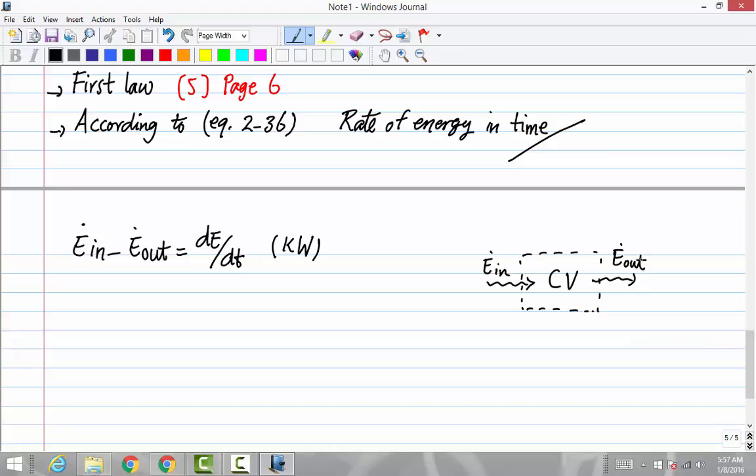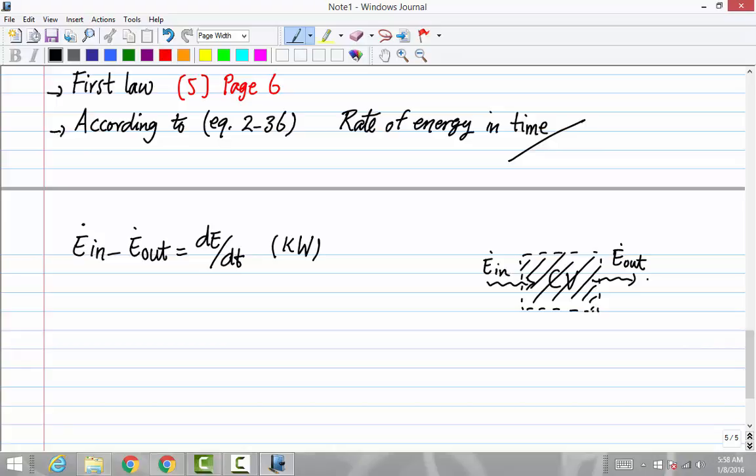The difference between the rate of energy coming in and going out indicates how much energy will remain inside my system as leftover. Whatever is missing is left inside my system, and it helps the internal energy or the kinetic energy of my system to increase.